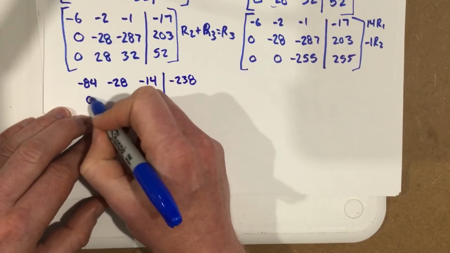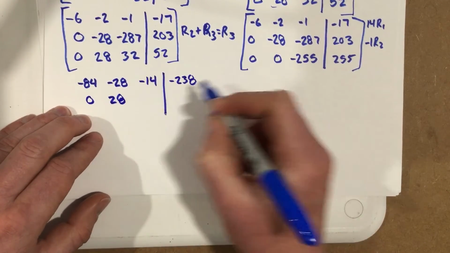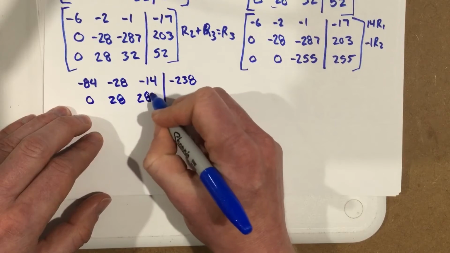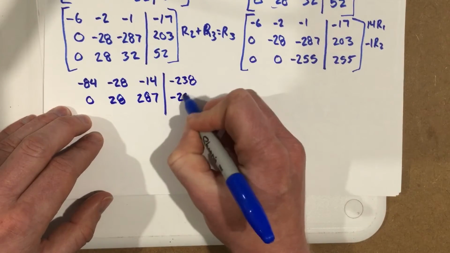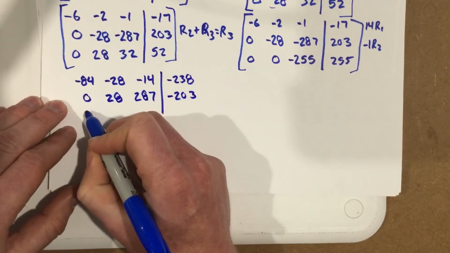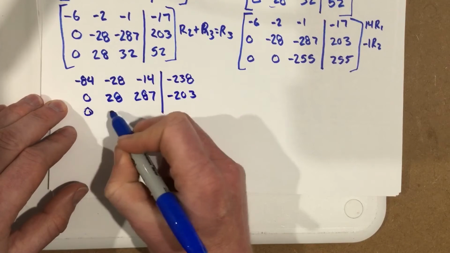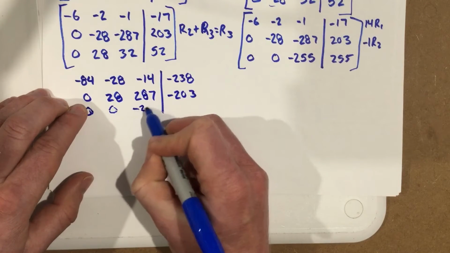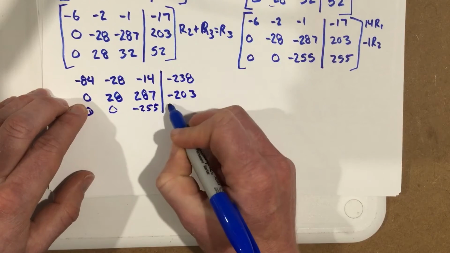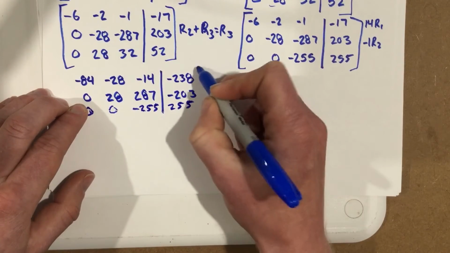Multiply the negative 1 to the middle, I get 0, 28, 287, and negative 203. I get 0, 0, negative 255, and 255 here.